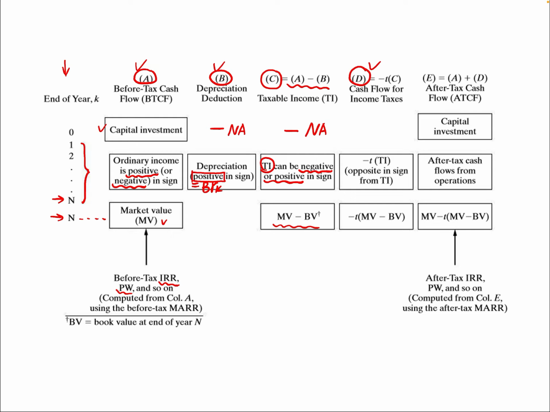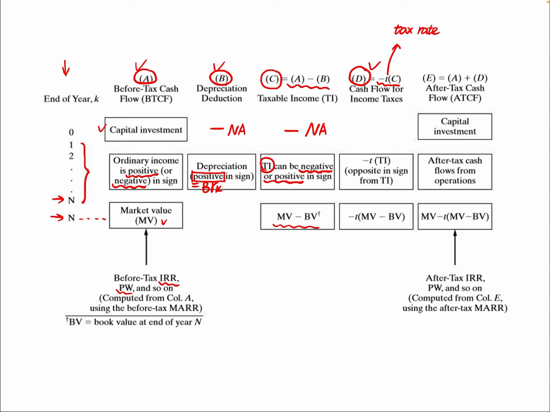And then we need to think about the income tax, column D. Column D is minus T times C. T is the effective tax rate. So use the tax rate times whatever you have in column C, and then give it a negative sign.